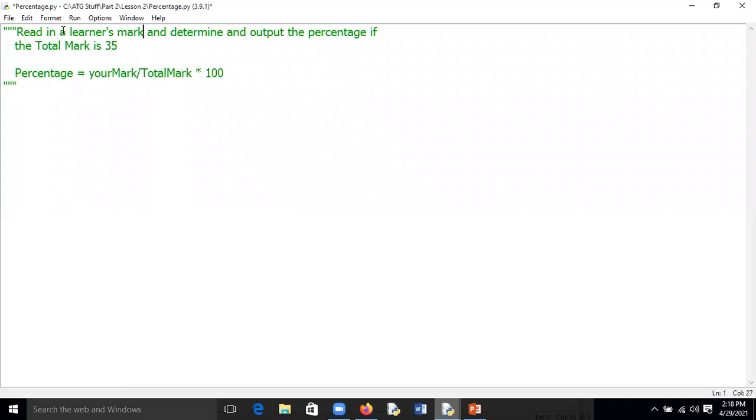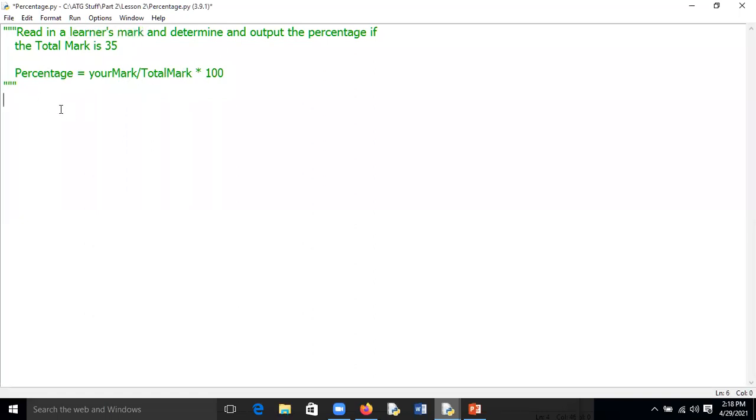Read in, once again, another way of saying input, a single input, learner's mark. So obviously the mark is going to be less than or equal to 35, and determine an output, the percentage if the total mark is 35. So that's our formula there.